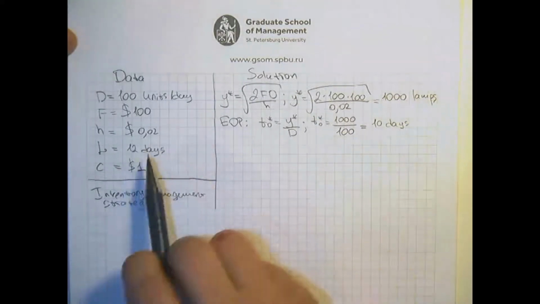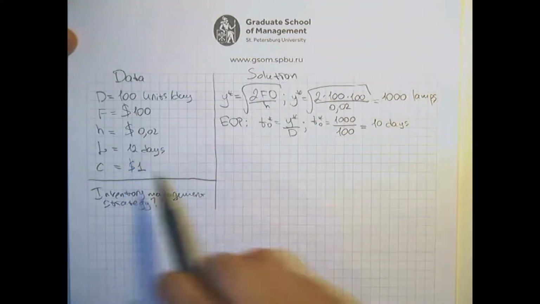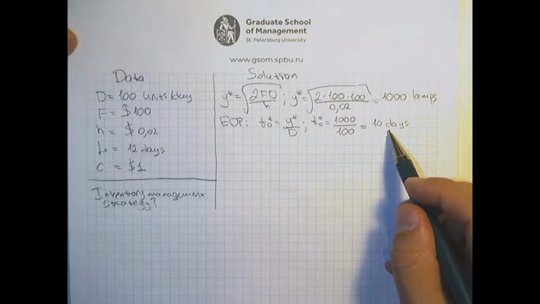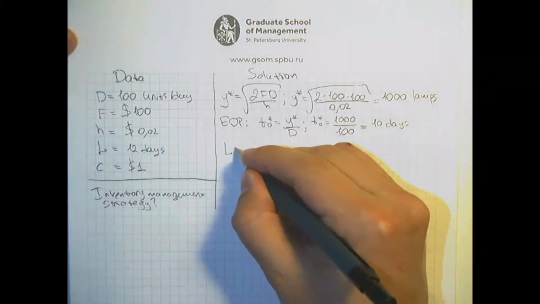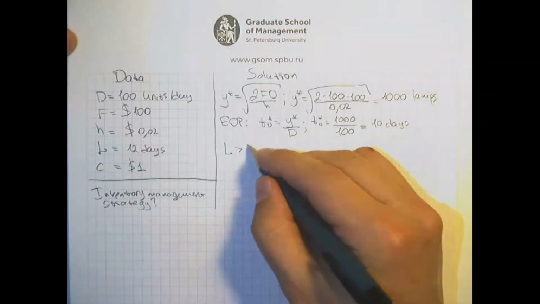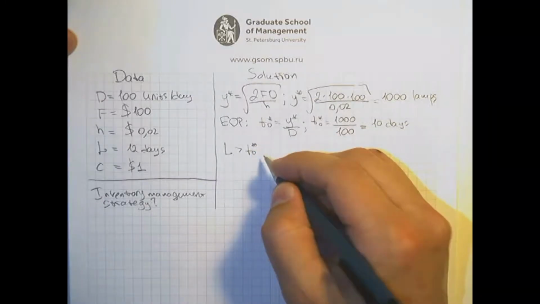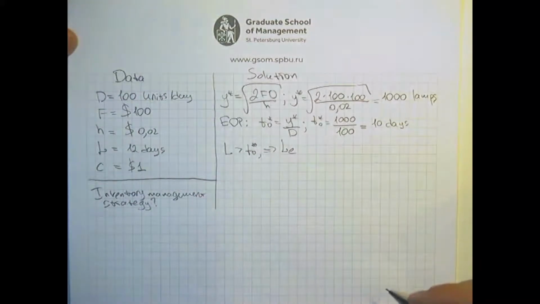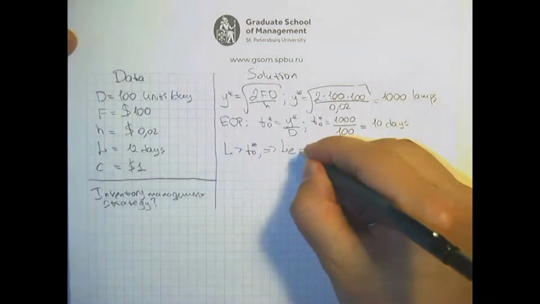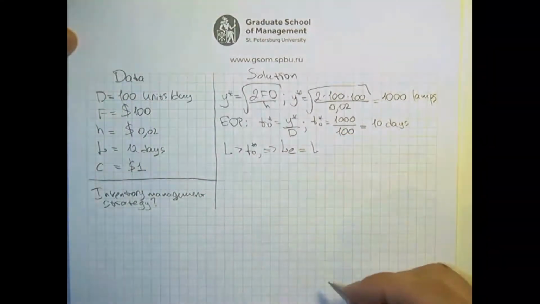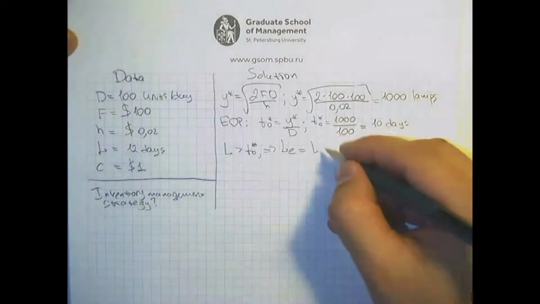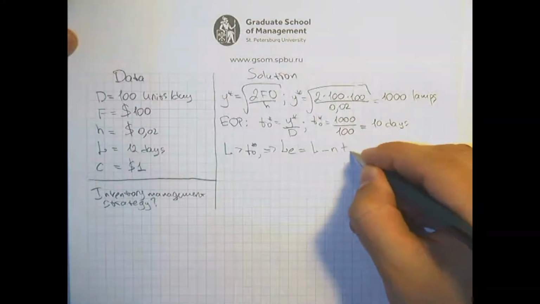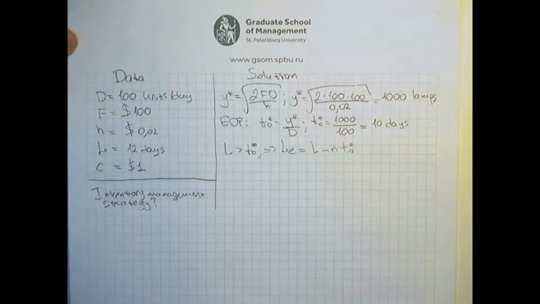As we can see, the lead time is 12 days and the economic order period is 10 days. It is the case when the lead time exceeds the economic order period. Therefore, we should calculate L efficient, and we implement the formula: lead time minus n times the economic order period.